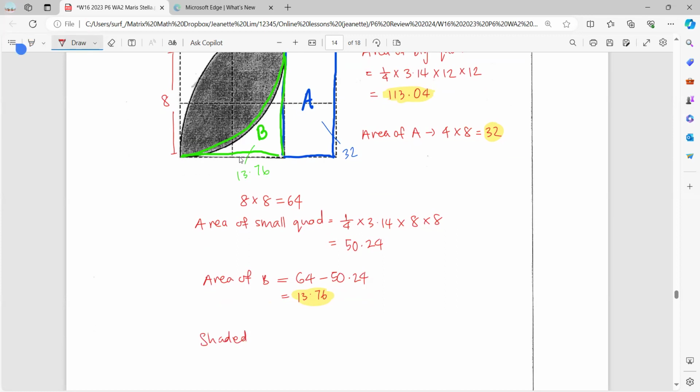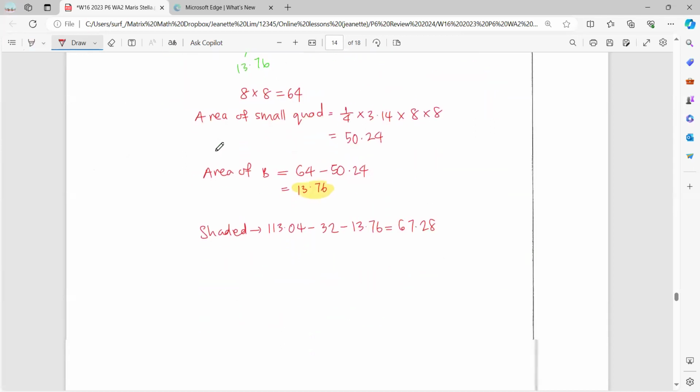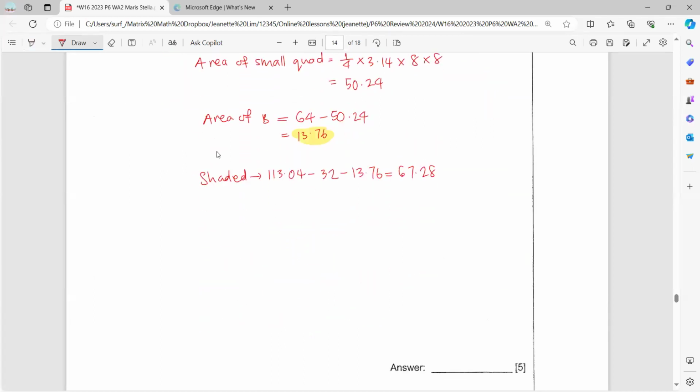So the shaded part will be 113.04 minus 32 minus 13.76. 67.28. So answer 67.28 square cm.